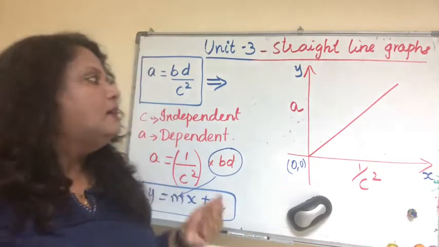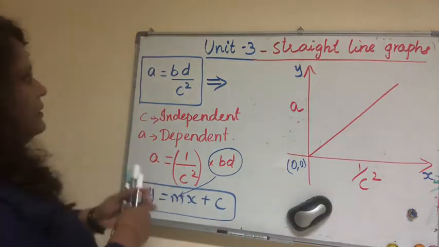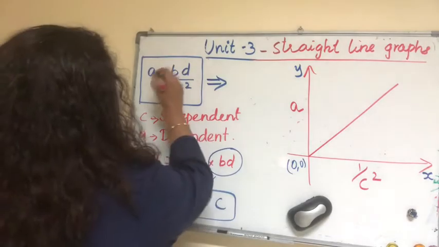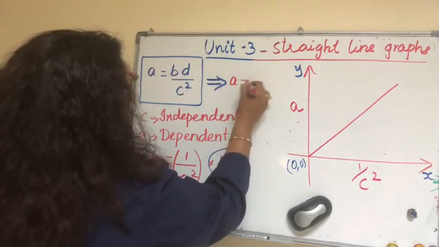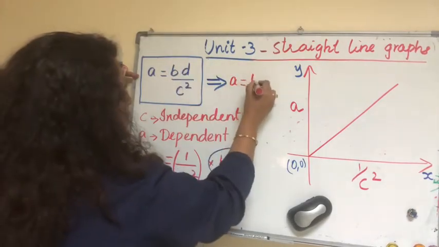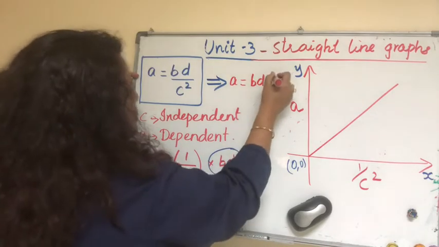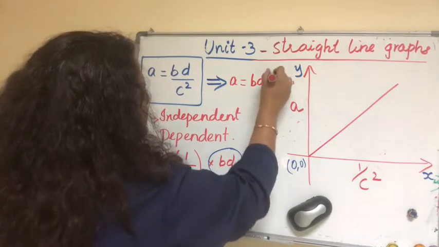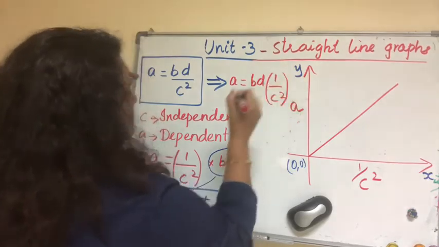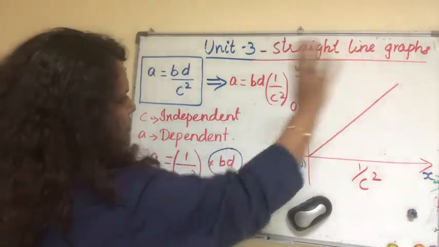I hope it's clear. Then, I'll write again. So this is a equals, I'll write BD first, because BD is the coefficient of x. Okay, there is no c term, it is 0.